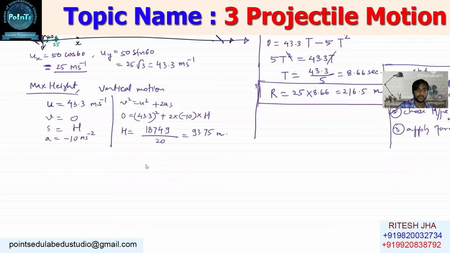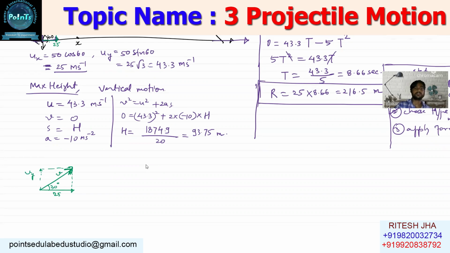So we are given this thing. This is 25 and this angle is 30. Can you determine the main vector and its vertical component?